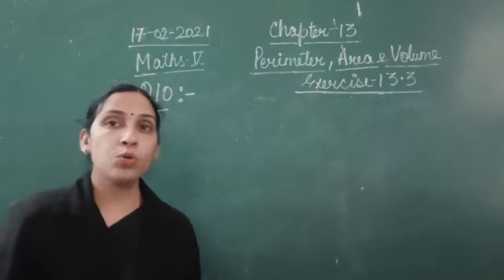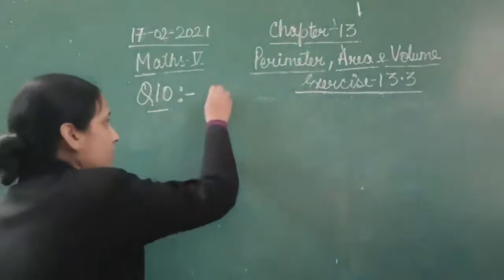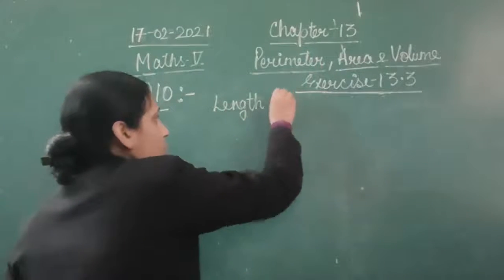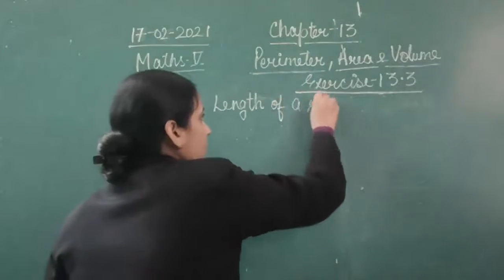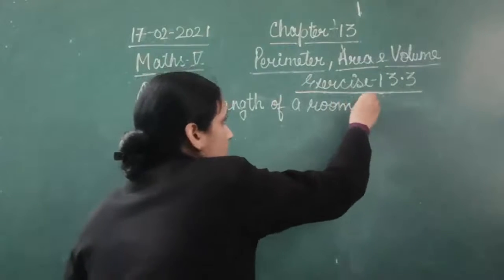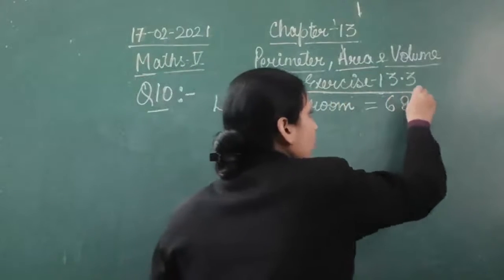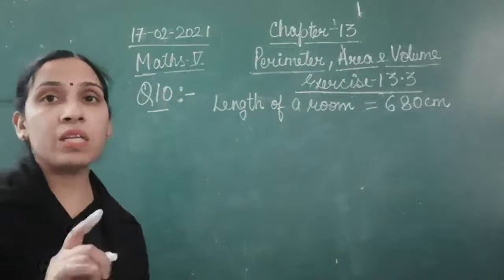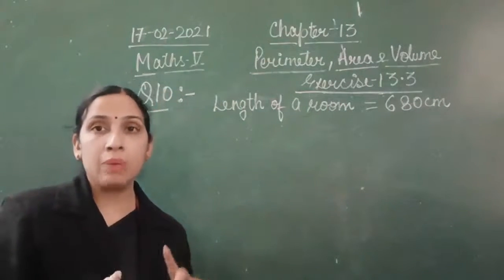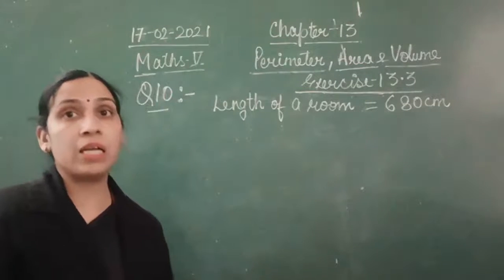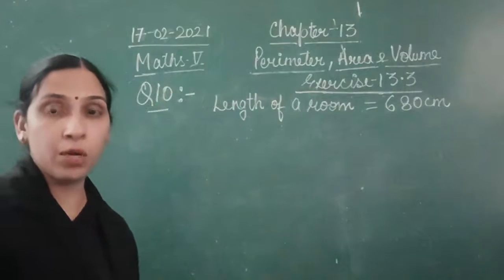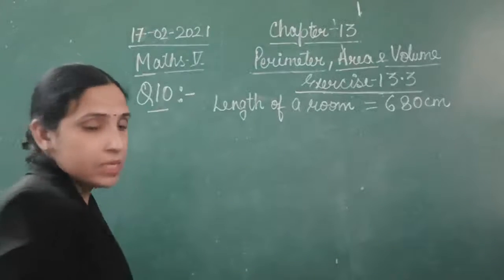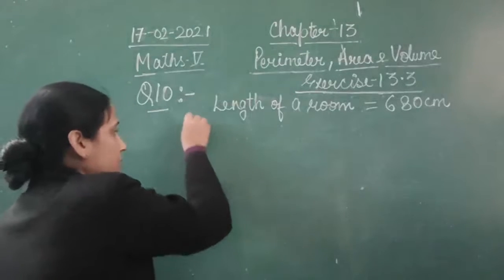So let's see how you are going to do this question. The easy way: whatever things are given in the question, we write down first. Length is given, breadth is given, side of a square tile is given. Length of a room is 680 centimeter.